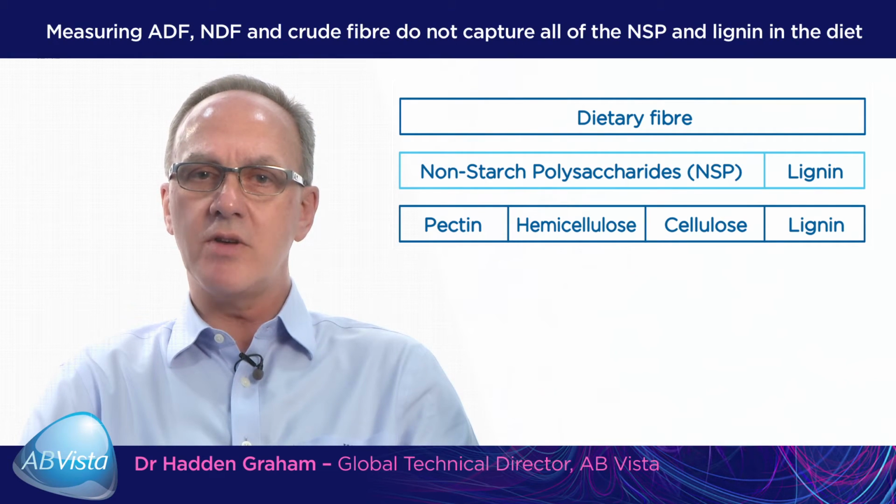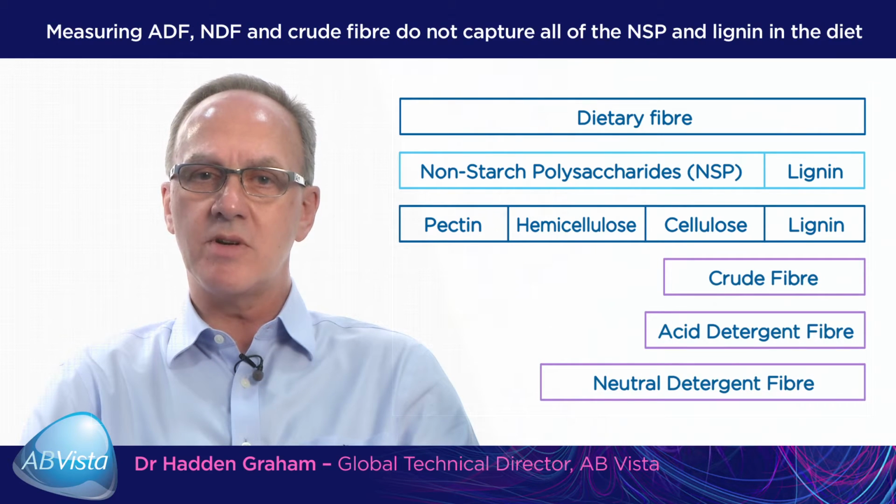There are 3 other methods to analyse fibre which are well known and have been used for a number of years. These are the gravimetric methods: crude fibre, acid detergent fibre, and neutral detergent fibre. The crude fibre method is probably more than 100 years old. It involves boiling the feed in dilute acid and dilute alkali. That recovers the majority of the lignin and the majority of the cellulose.